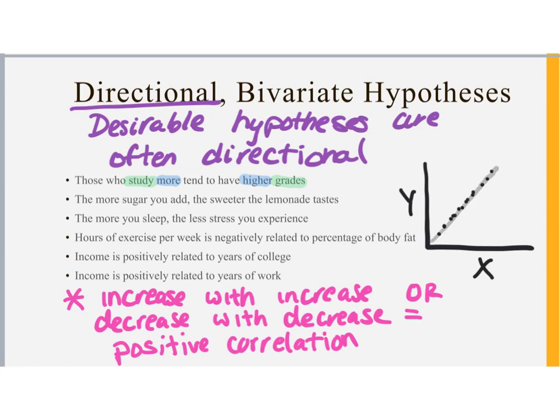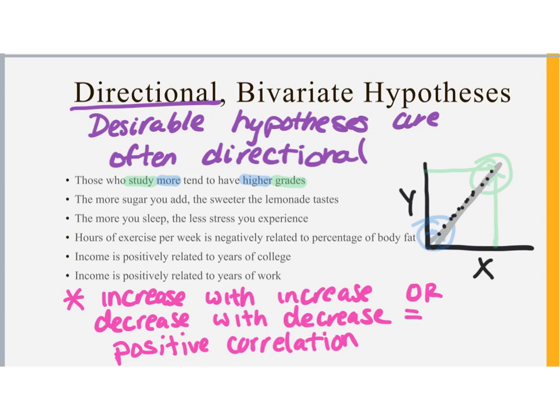When we've got high scores on X, they're connected to high scores on Y. But when we had low scores on X, they were connected with low scores on Y. So when we see high scores with high scores or low scores with low scores, we're talking about the same line, one that's pointing up as we move from left to right. So increase with increase or decrease with decrease are both indicators of a positive correlation.